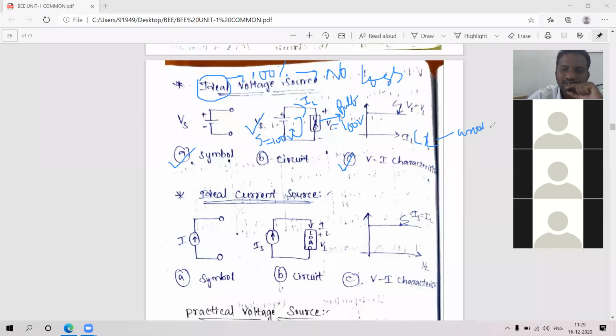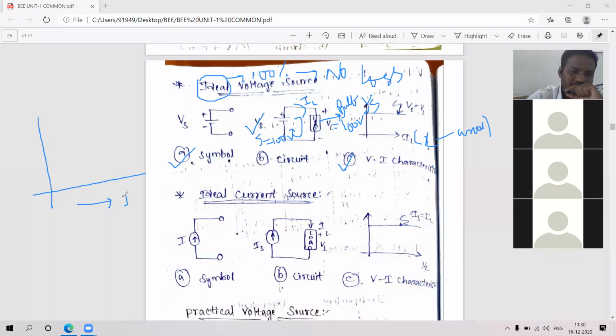And this source voltage is on the y axis. So what is the load voltage? Suppose it is 100, I am redrawing the graph.